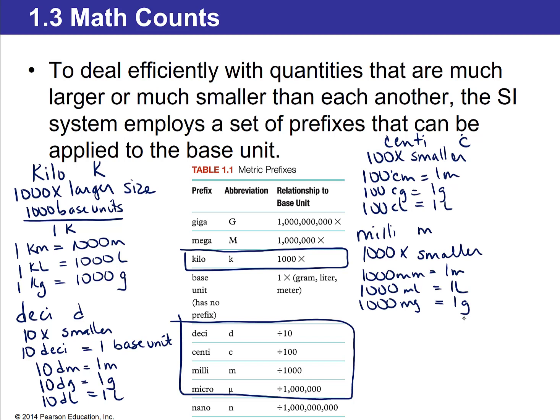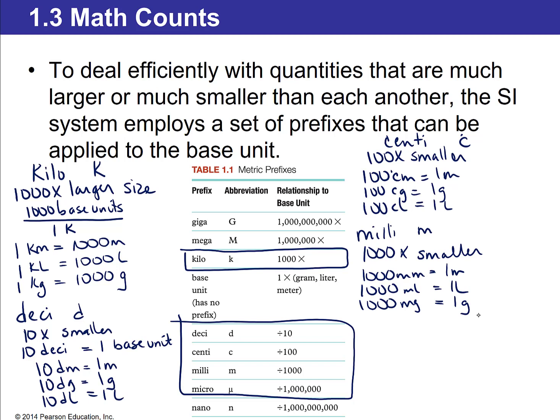Those are two that people oftentimes mistake or get switched around. So when you see kilo, kilo always gets a 1. Because it's larger, kilo gets the 1, and the base unit gets the 1,000. So notice here, 1 kilometer is 1,000 meters. But over here, 1,000 millimeters is 1 meter.